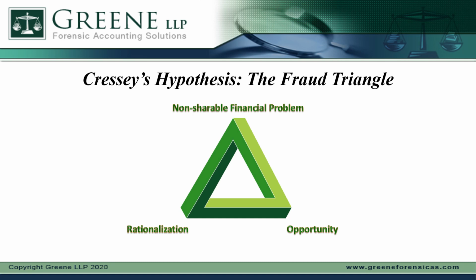Rationalizations can be such things as, the company does not pay me enough. I'm not hurting anyone. It is a victimless crime. The company can afford it. Finally, the occupational fraudster must be in a position of opportunity to commit the crime. That is, have the knowledge to embezzle and the access to the organization's assets.